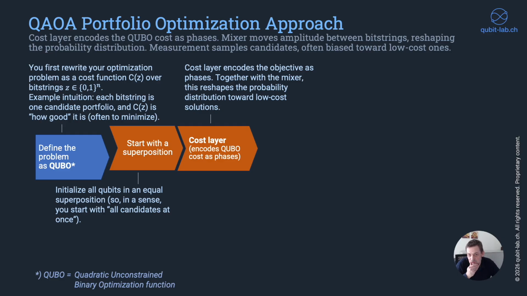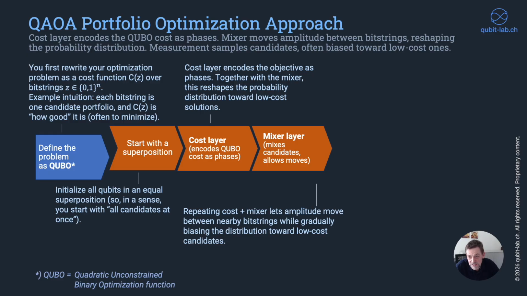This layer encodes the cost function by applying phase shifts to each basis state, proportional to its objective value. After that, we apply the mixer layer. The mixer redistributes probability mass between candidate solutions. Together with the cost layer, it allows interference to increase the probability of sampling good solutions. Then we repeat these two steps several times to increase the probability of observing lower cost solutions.